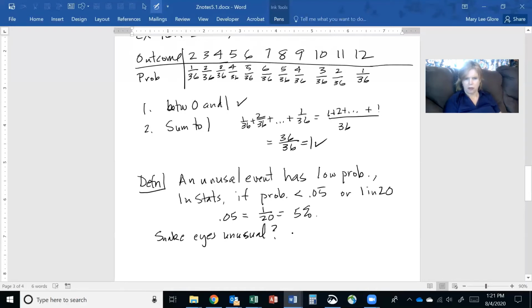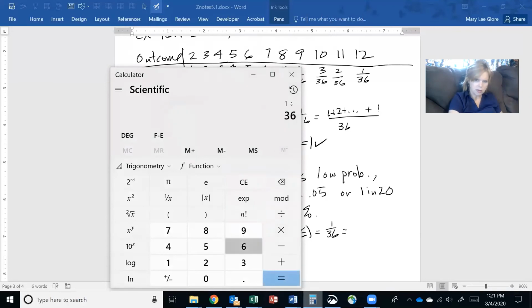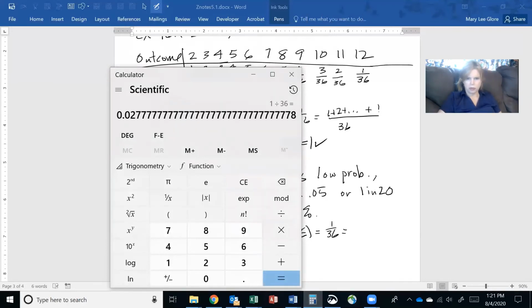All right, so the probability of snake eyes, we'll call E means getting snake eyes. This is 1/36, which I know is less than 1/20 because 36 is bigger than 20, but let's go ahead and calculate what that is. So we get our calculator, 1 divided by 36, and that is 0.028.